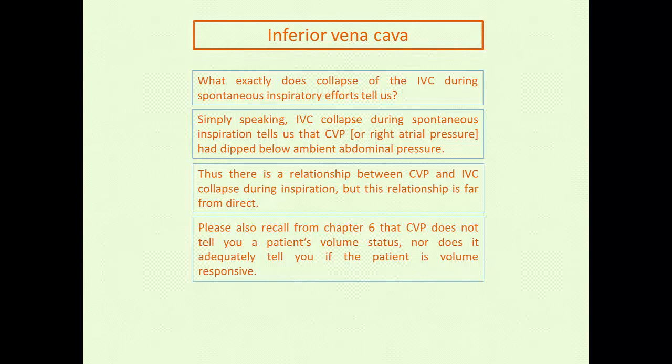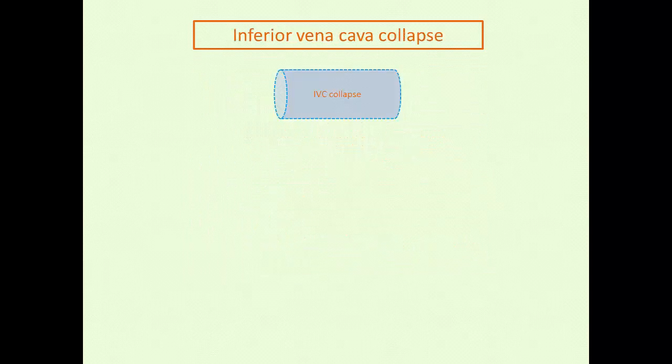And collapse of the IVC really doesn't tell you that information at all. All collapse of the IVC is telling you is that right atrial pressure is dropping below abdominal pressure, and there's a zillion different reasons why that can happen. Physiologically it might be loosely related to being volume responsive or not, but it's far from definitive.